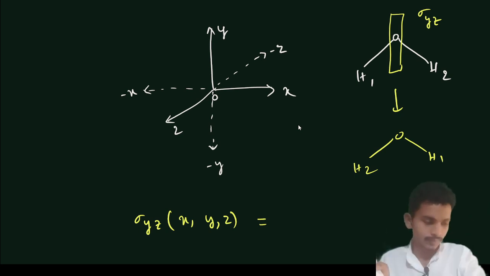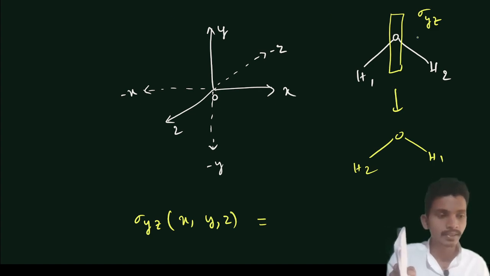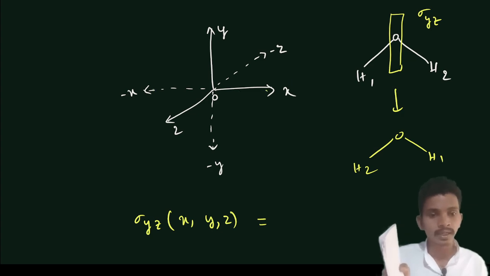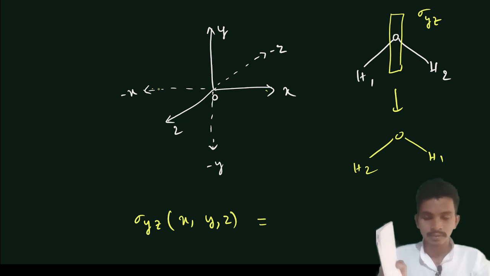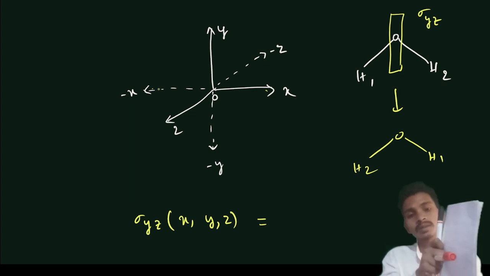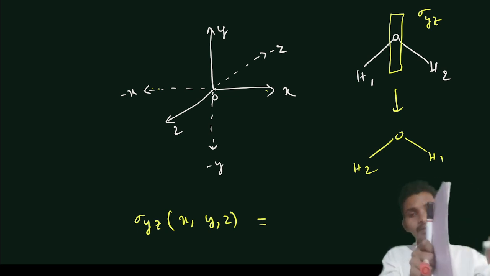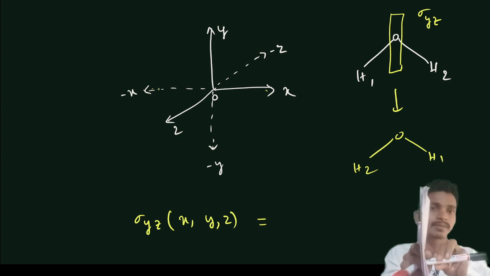How do I see this? Let's say if I apply these directions, then this plane is cutting the y and z axis, and the x-axis is here, so this will get reflected to this direction. So if you are applying the plane here, this and this are contained in the plane, but the x-axis is in this direction.